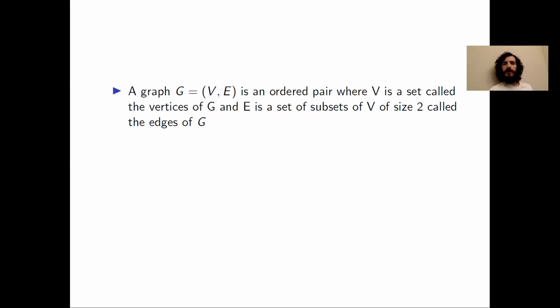To recap, a graph is an ordered pair G equals (V, E), where V is a set called the vertices of G, and E is a set of subsets of V of size 2 called the edges of G. When we discuss graphs, it's helpful to keep a standard example in mind, the example of a social network.